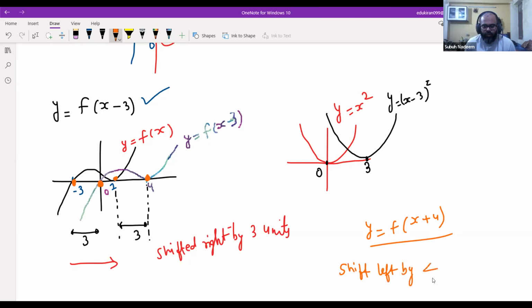If you add something to the input, then by that unit it will shift towards left. If you subtract something from the input, the graph will shift towards right by that unit. So this is one thing. Now, another thing is, just write it down.